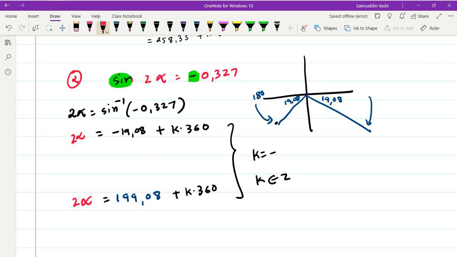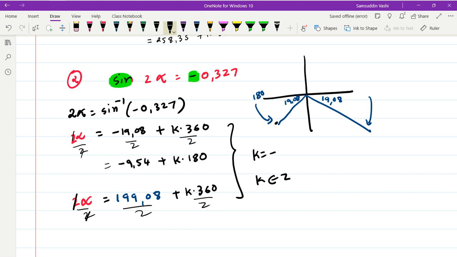How do we get alpha now? Divide by 2 everywhere. Okay, so 2 and 2 get cancelled. What is my answer? Negative 19.08 divided by 2 is negative 9.54 plus k times 180, which is 360 divided by 2.